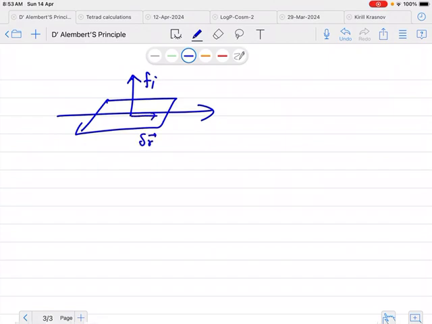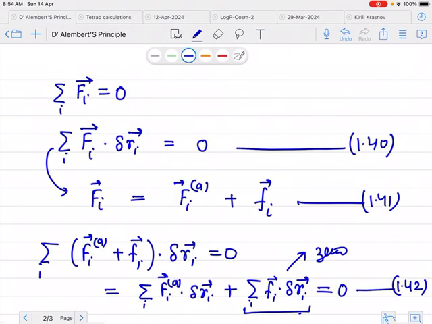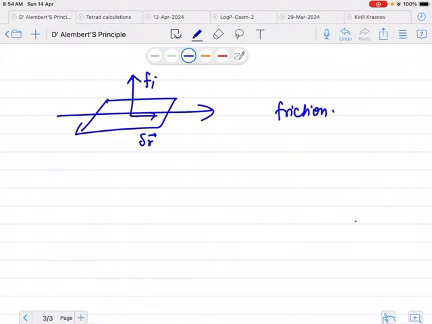So in that case the work will be zero. But this will not be true if there is friction, especially sliding friction. If sliding friction is present, then this virtual work of the constraint will not be zero.